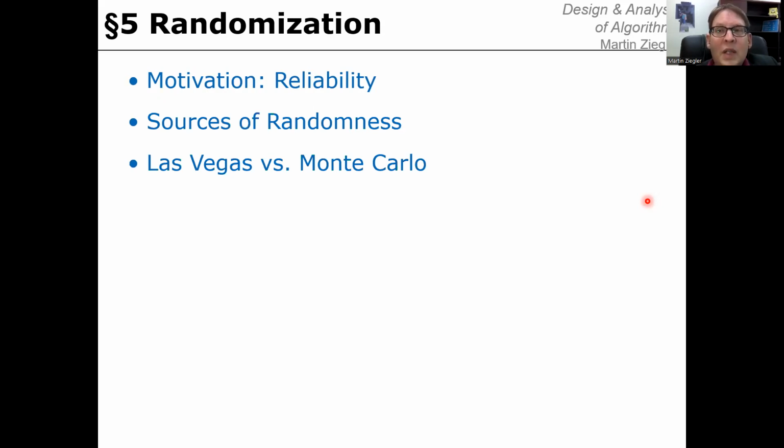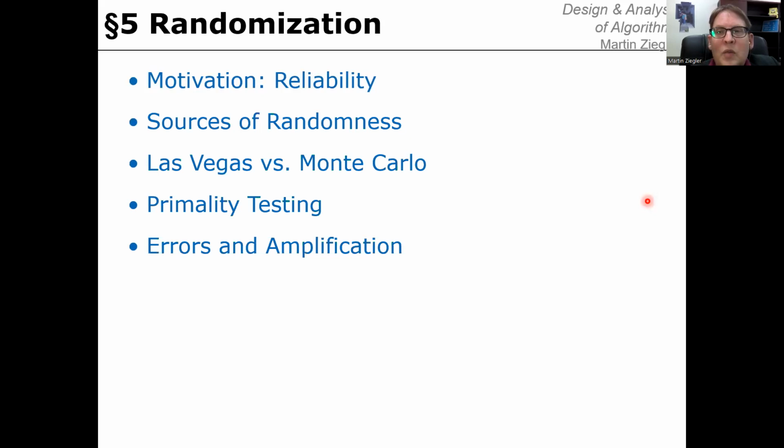We're going to discuss the problem of primality testing, devising and analyzing a famous randomized algorithm for testing whether a given integer is a prime number or not. We're going to review errors, one-sided errors and two-sided errors of randomized algorithms, and how to reduce these errors, how to amplify the reliability of such randomized algorithms.